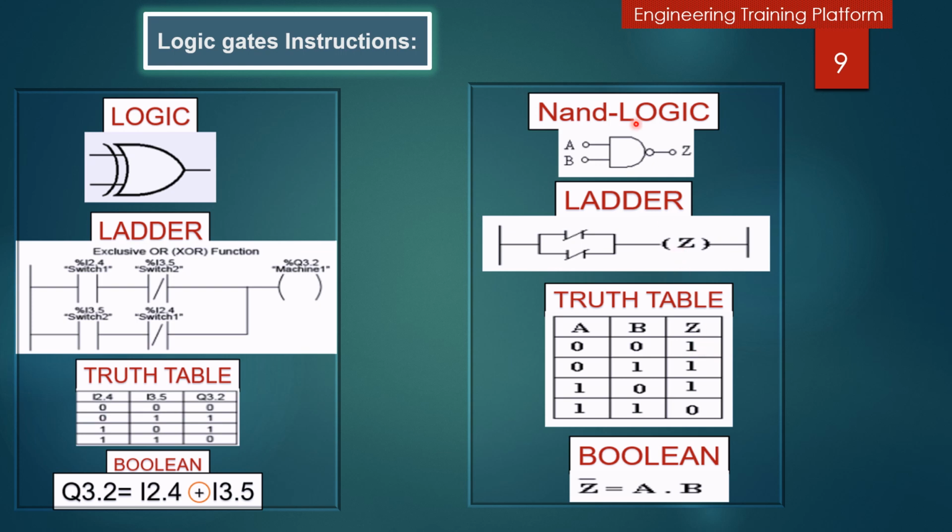But here in the NAND gate, it will be changed. The same for the truth tables. When input 1 is 0 and input 2 is 1, the result will be 1. Everything will be changed the same way. In the AND gate, this condition will be turned on, but in the NAND gate it will be 0. And this is the Boolean equation for the NAND gate.